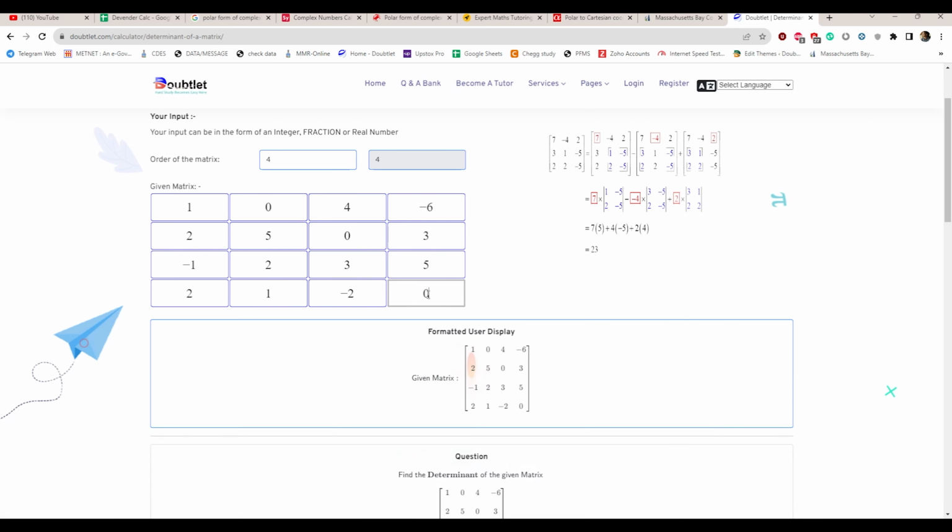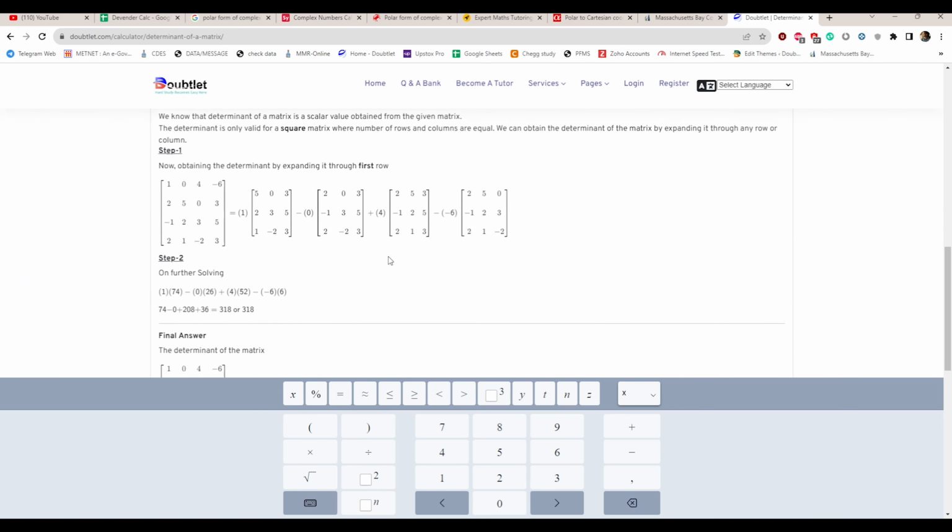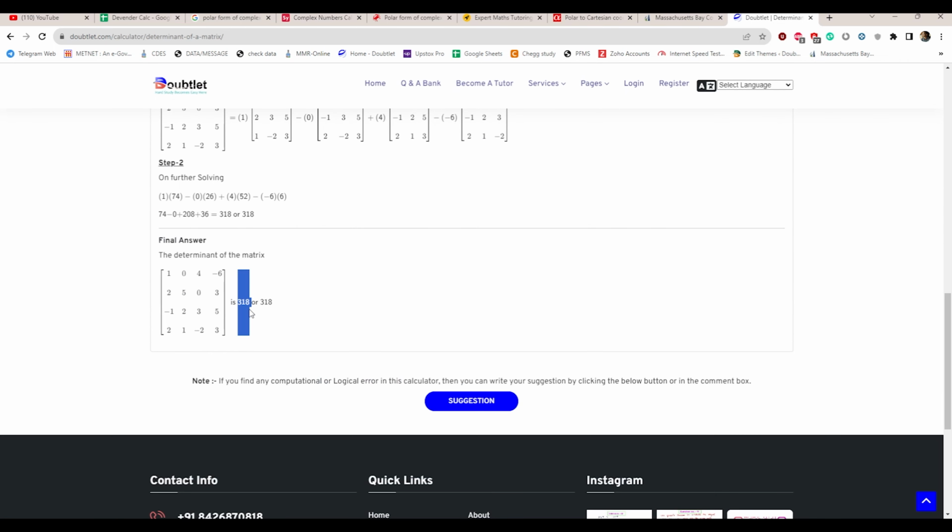We have solved the determinant for this matrix earlier, and now we will check the value. It should be 318, and we have got this answer.